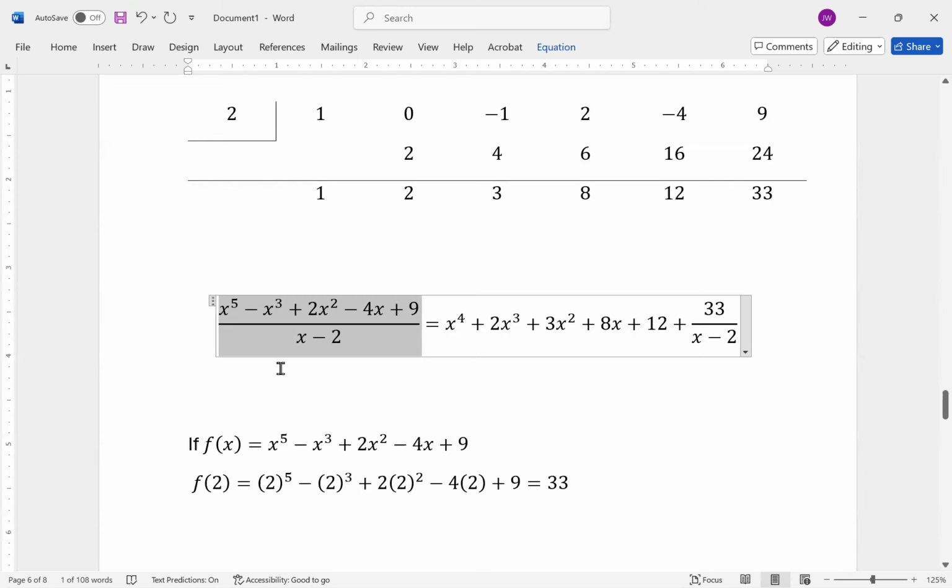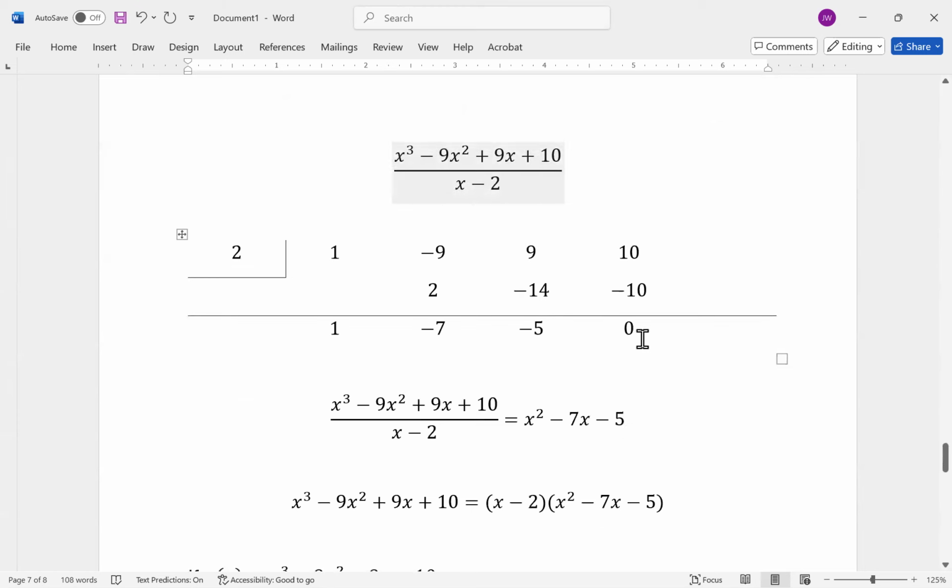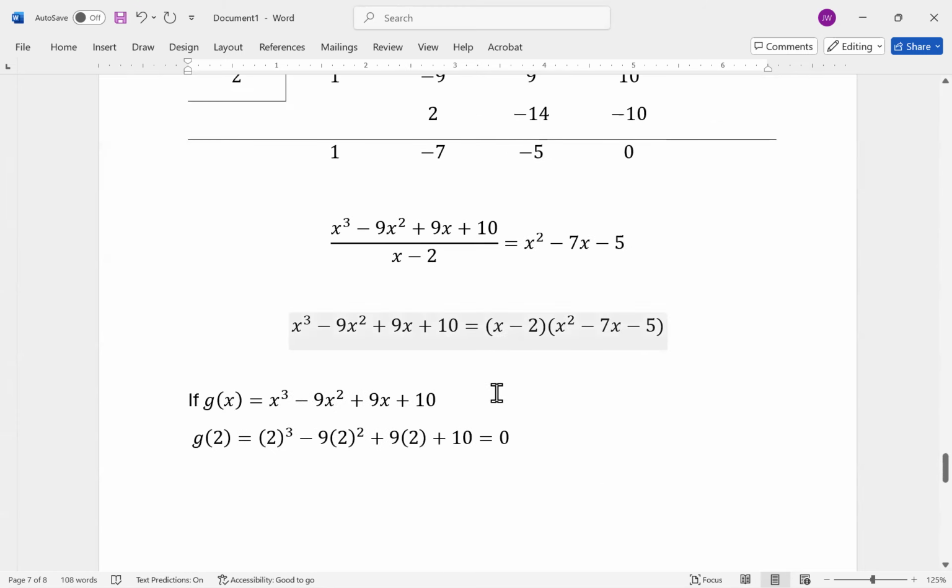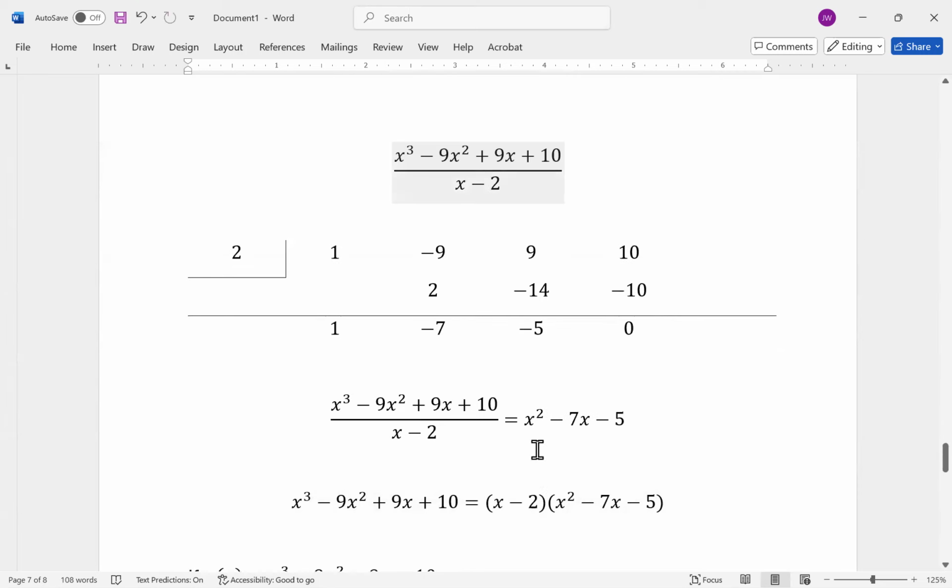So I won't be able to write this dividend as a product of my divisor with another polynomial. So I can't do that in this case. But in this case, when I got a 0, I could write it that way. And zeros of polynomial functions are going to algebraically show up as when we divide by x minus that r, we get a 0 remainder.